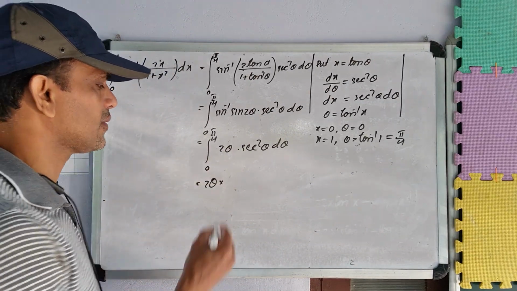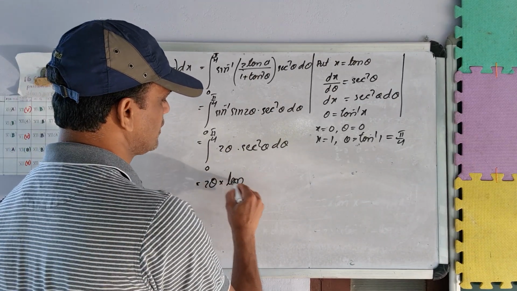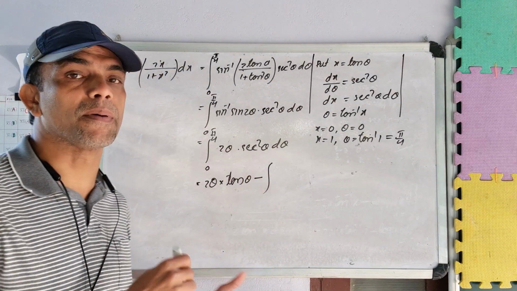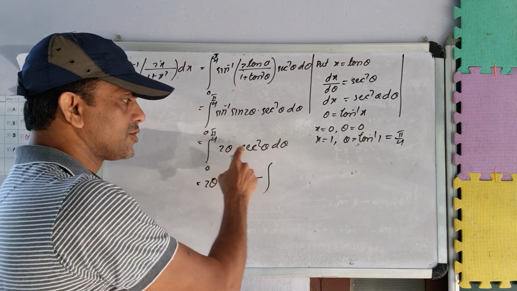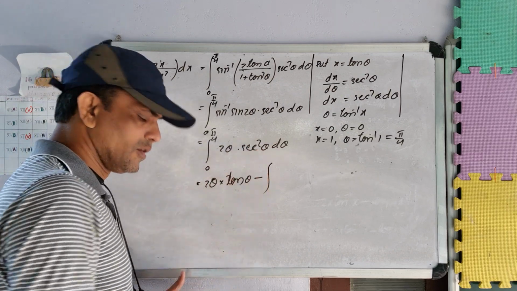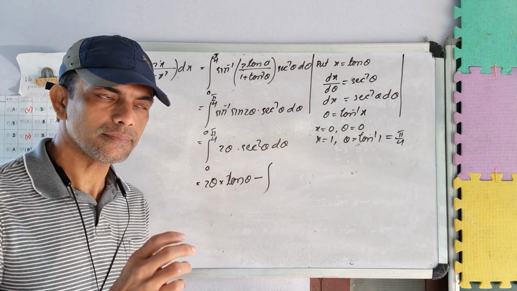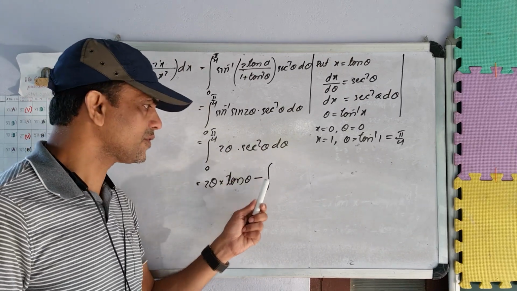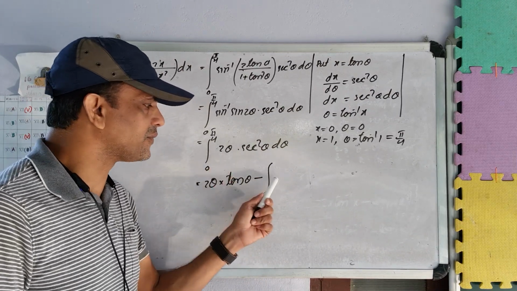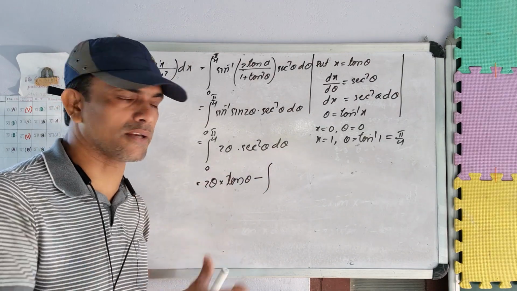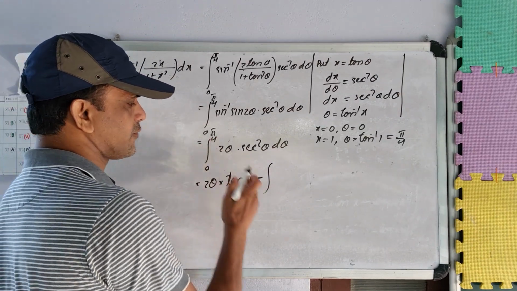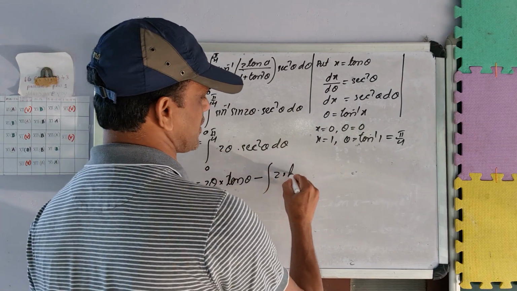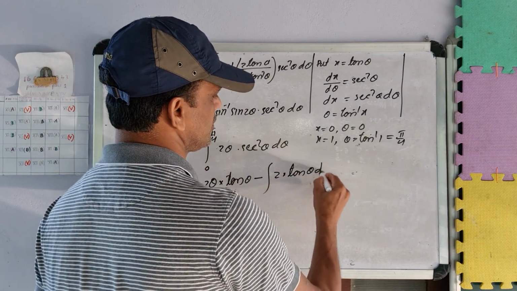So the integral of sec squared theta is tan theta. Applying integration by parts: first function times integral of second function, minus integral of the derivative of the first function times the integral of the second function. The derivative of 2 theta is 2, times tan theta, d theta.